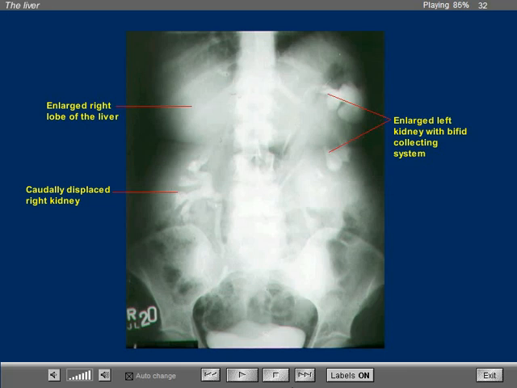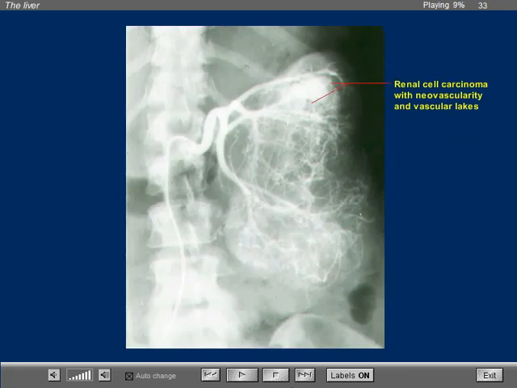Note that the left kidney has a bifid collecting system, and it is markedly enlarged. Selective left renal arteriogram shows a cancer of the left kidney with the typical neovascularity observed in the majority of renal cell carcinomas. This patient's mass in the left flank was due to an enlarged left kidney, not due to the spleen.